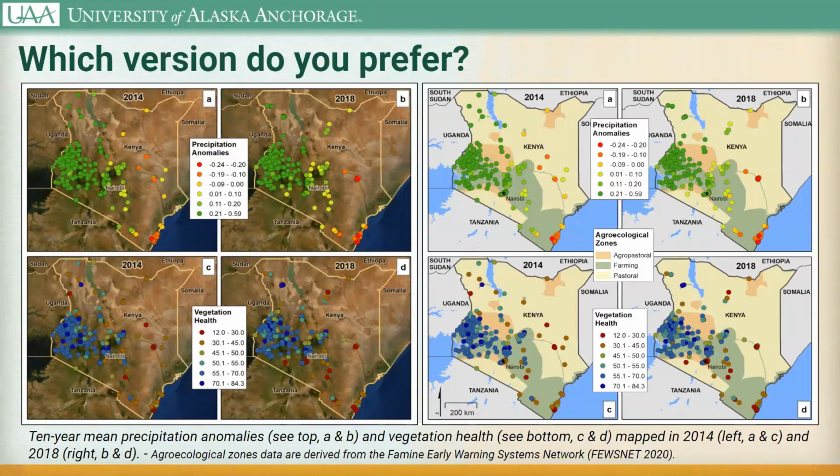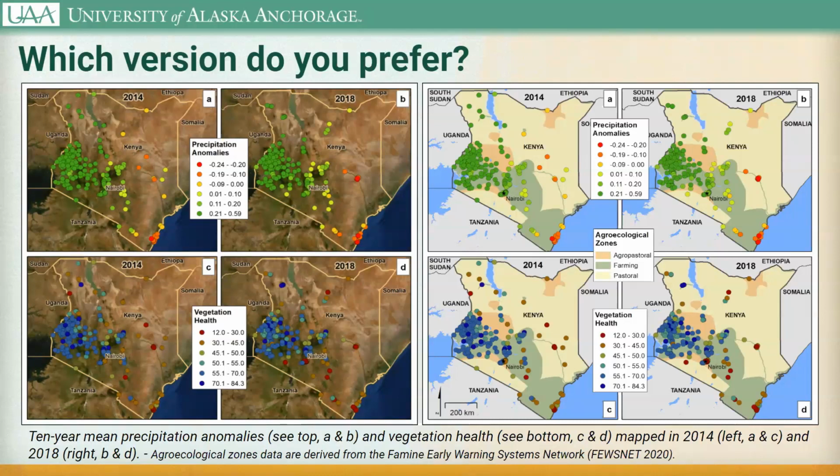and their value. So I'm asking you guys to discuss what is the purpose of the left versus the right? What is the gist of the top versus the bottom? And I'm still trying to figure out a little bit myself, what's the difference between A and B and C and D other than year?